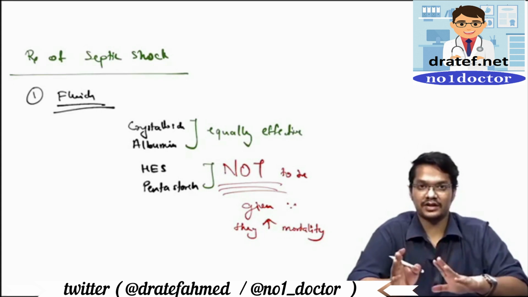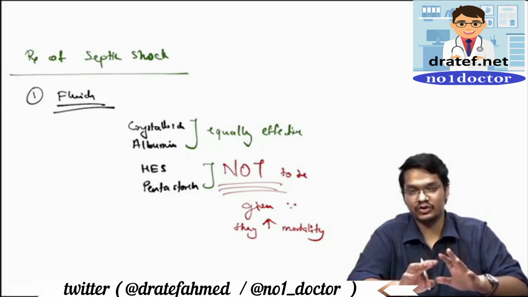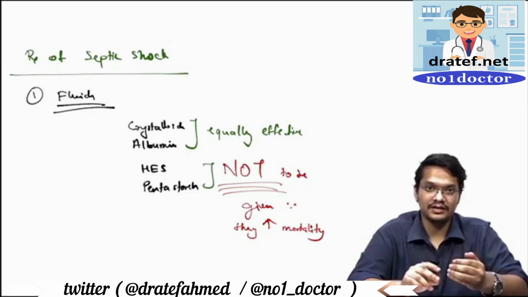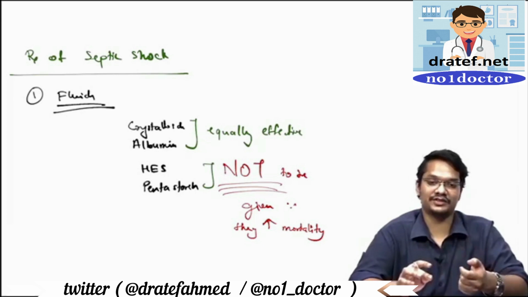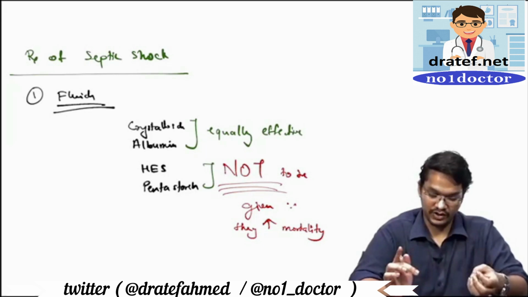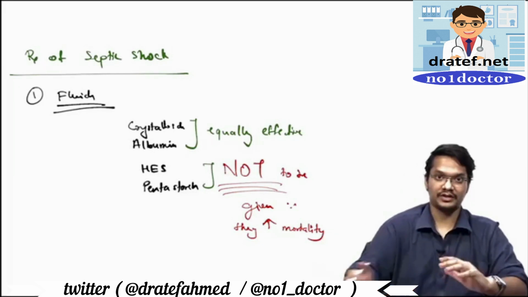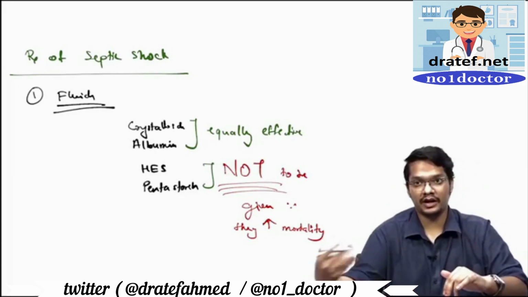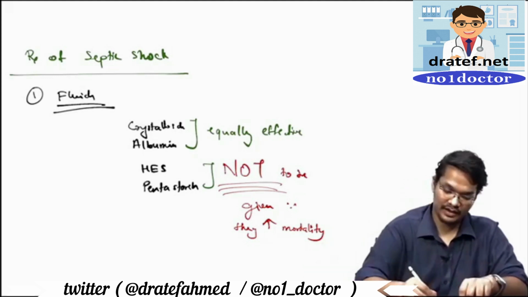A lot of studies were conducted on hydroxyethyl starch and pentastarch, and what they found is that both of these increase the morbidity and mortality in these patients of septic shock. So if asked, we have to give crystalloids or albumin, not other colloids. Crystalloid or albumin. Other colloids, hydroxyethyl starch and pentastarch, are not to be given.